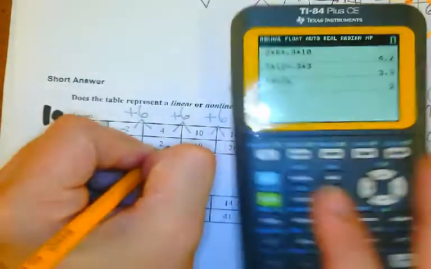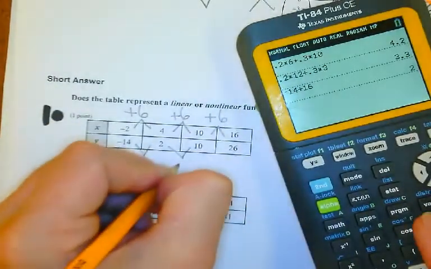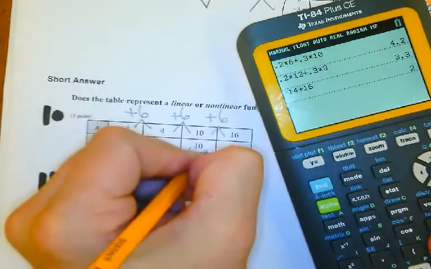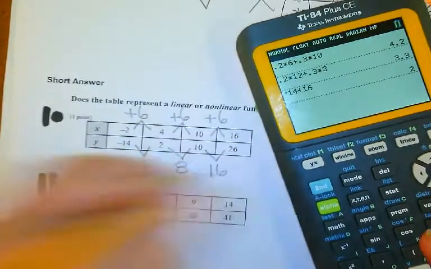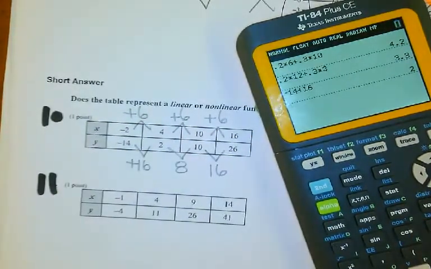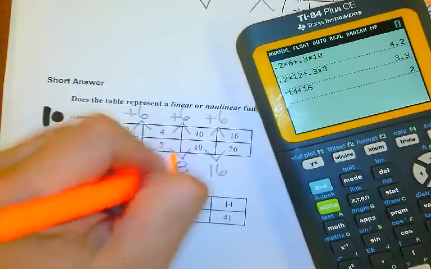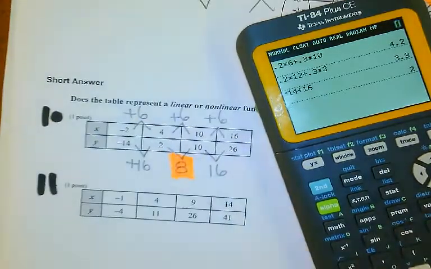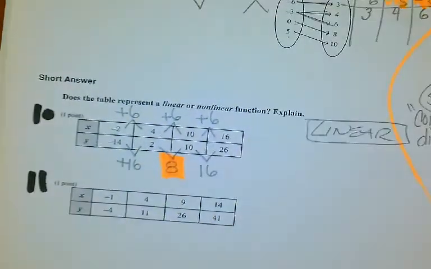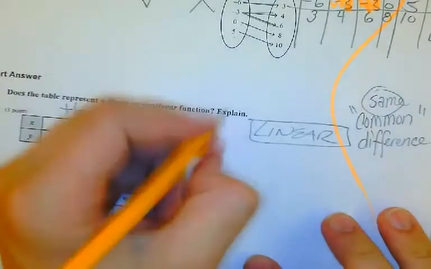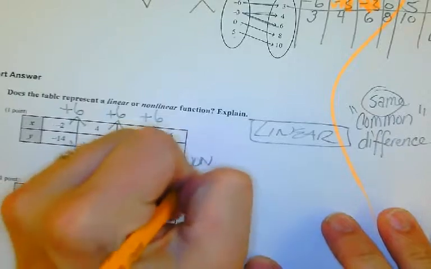But the distance from 2 to 10 is only 8. And the distance from 10 to 26 is 16. So because this is not the same difference, we have to say this is non-linear.